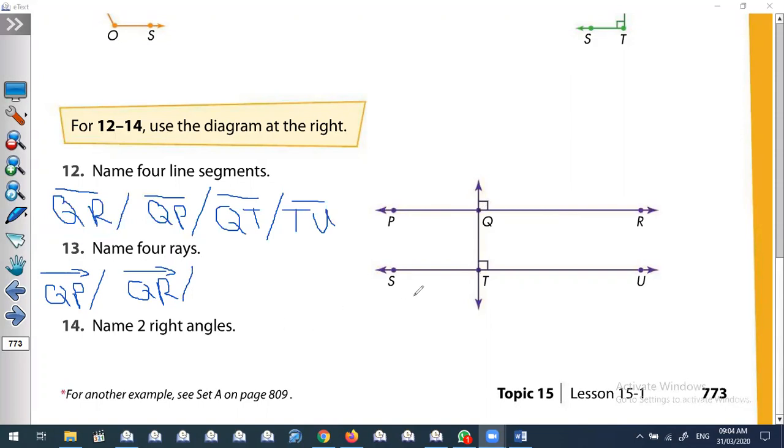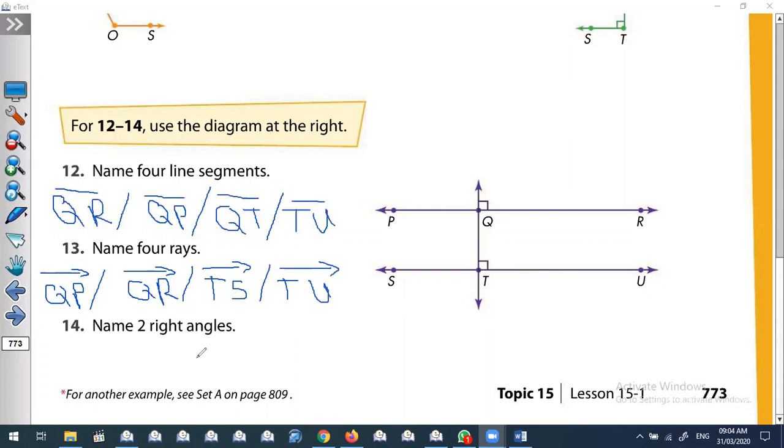What else? TS, starting here with no ending point, is a ray. TU, starting here and U has the arrow, is a ray.